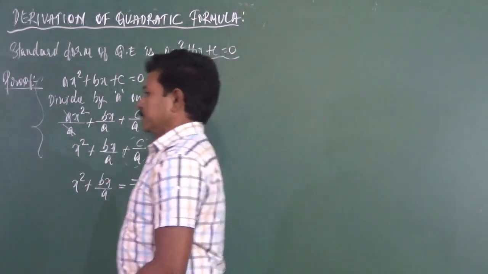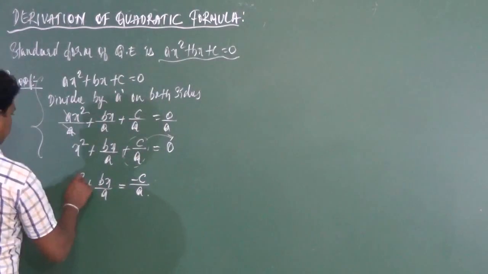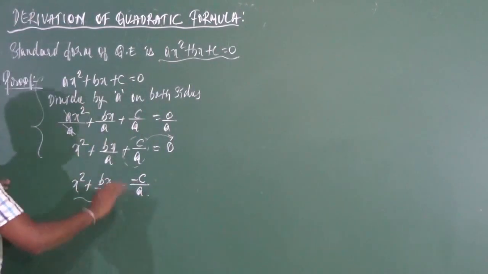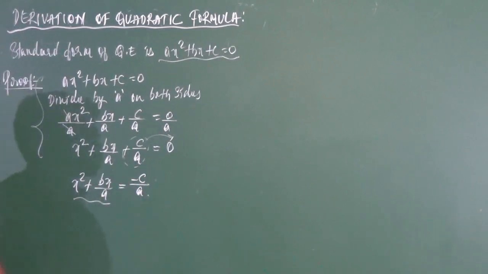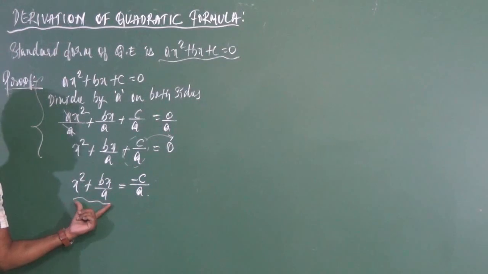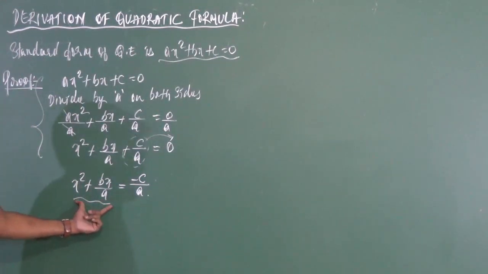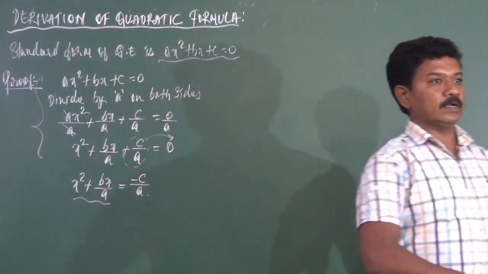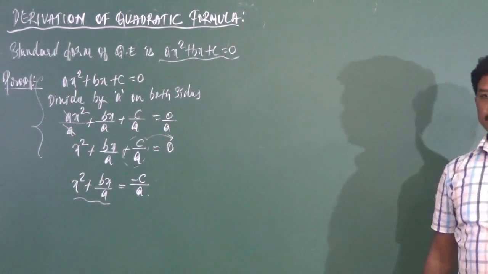Now, look at the LHS. We have x square plus bx by a, and in the RHS we have minus c by a. Don't worry about the RHS now, it will be there. Look at the LHS. The task for me here is to make this LHS a perfect square. A perfect square will be of two types, a plus b whole square or a minus b whole square, right?